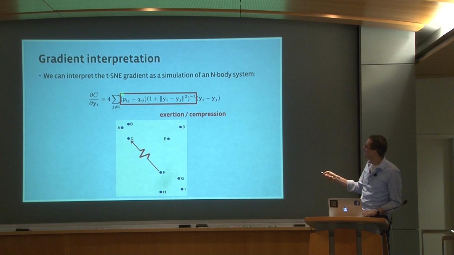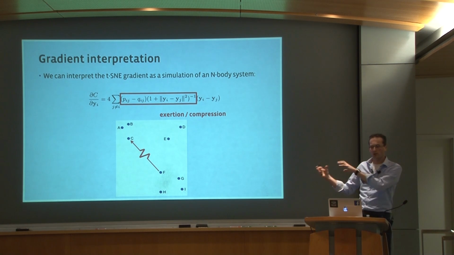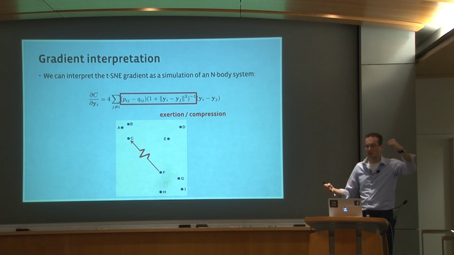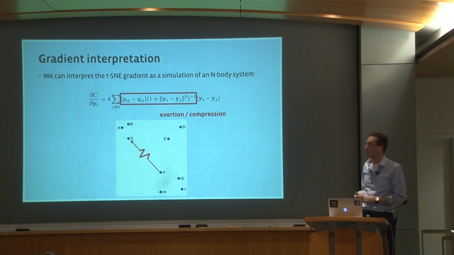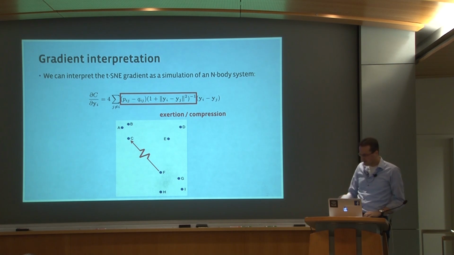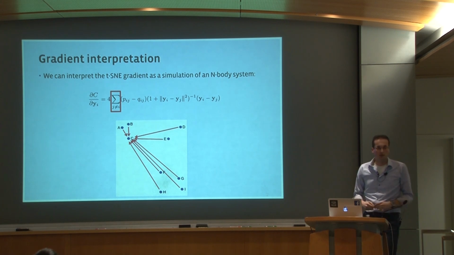In particular, you see this term here, pij minus qij, right? If I model the data perfectly in the map, then this term is 0, and the spring will be completely happy. It will not exert any force on the points. But if they're dissimilar, then it will either attract the points or repel them, right? And then there's this sum, which is the sum over all pairs of points, right?